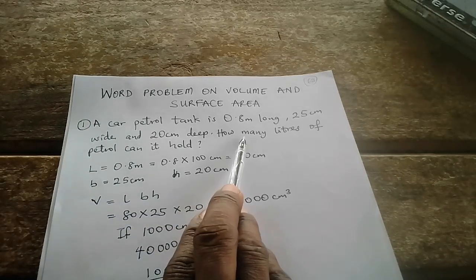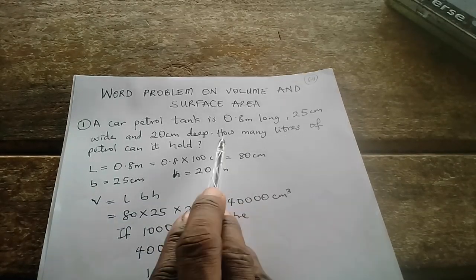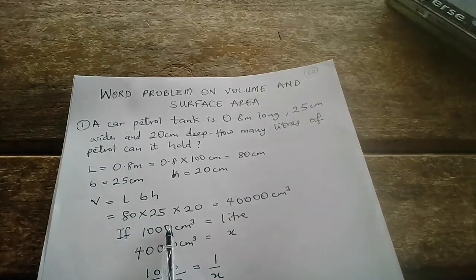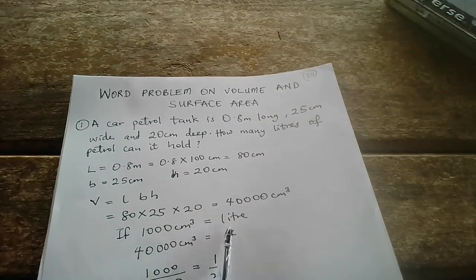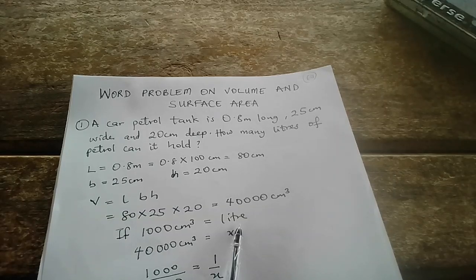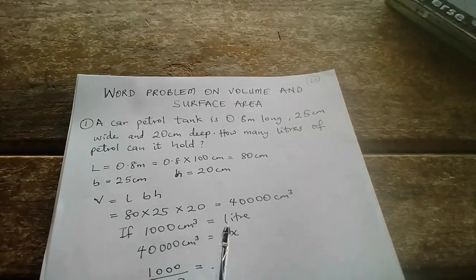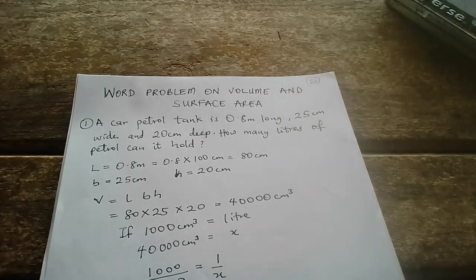Since you are told how many liters, you need to convert your answer to liters. 1000 centimeter cube is equal to 1 liter. What will be the value for 40,000 centimeter cube? Let's make this a fraction: 1000 over 40,000 is equal to 1 over x.